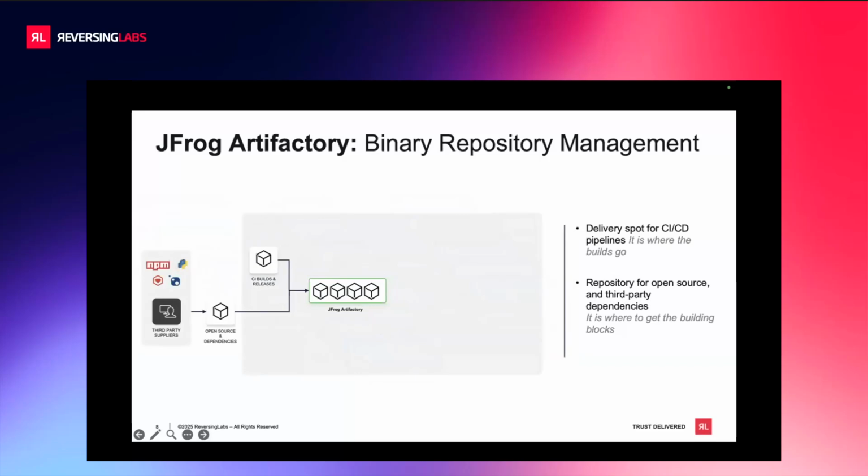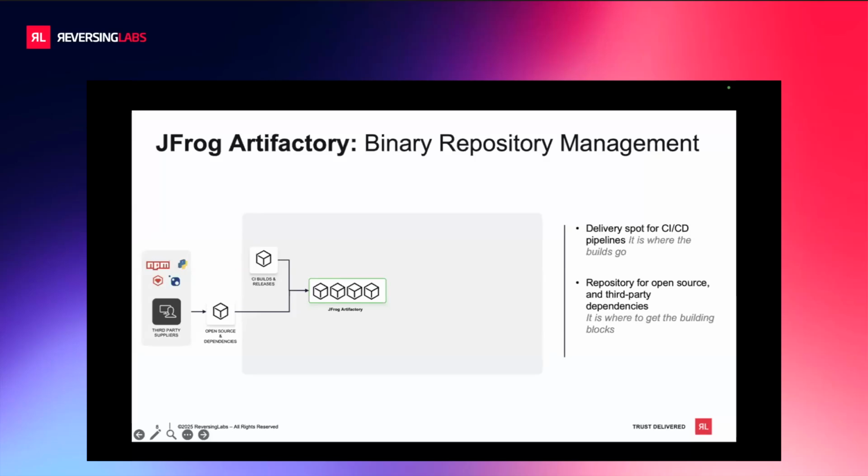It tends to be the spot where developers in their pipelines are delivering that build artifact. So whatever comes out of that pipeline oftentimes goes into Artifactory. Maybe it's a staging point for QA to pick it up and do testing, or maybe it's a staging point for release. Maybe it's a release candidate that's going to go to customers. So that's primary use case number one: storing build artifacts.